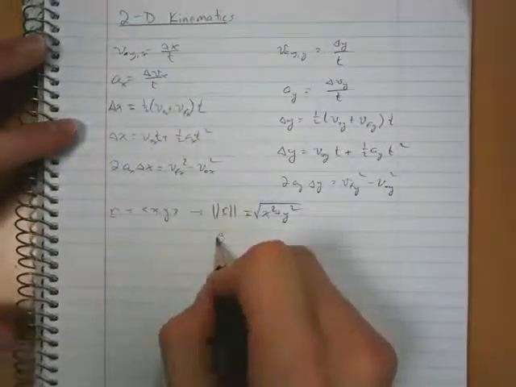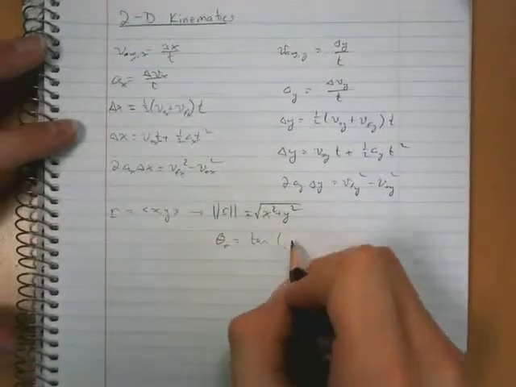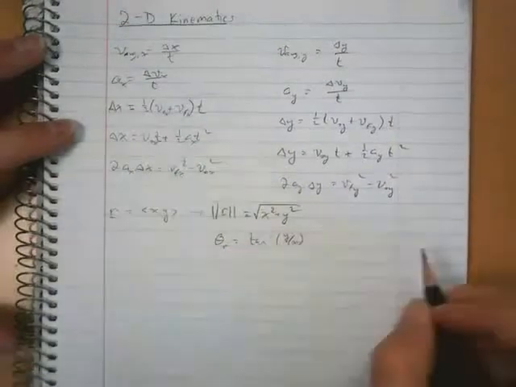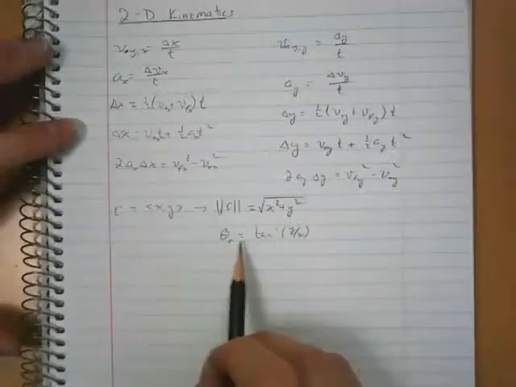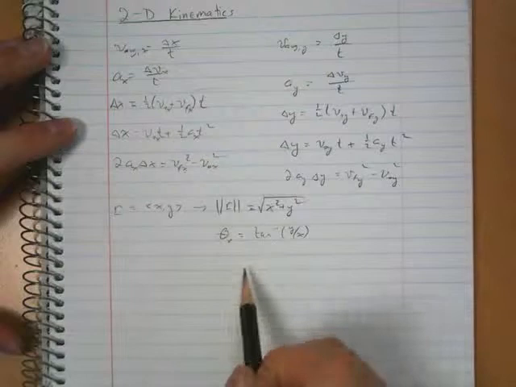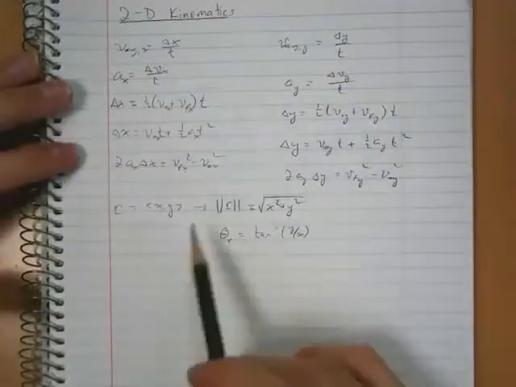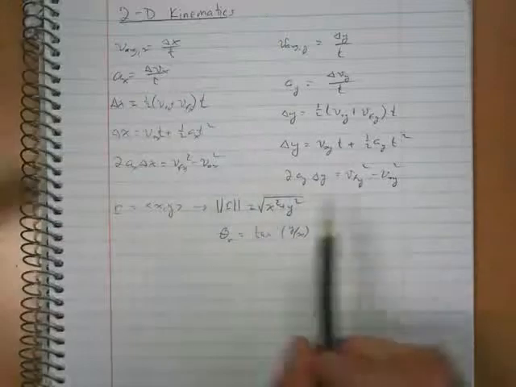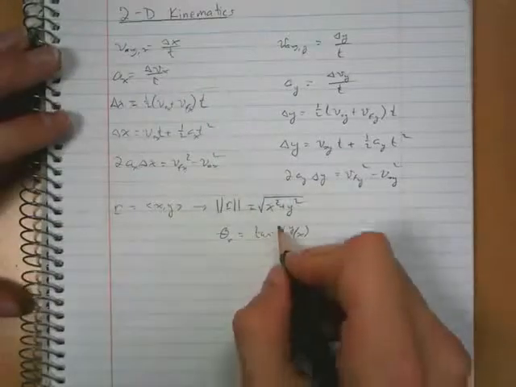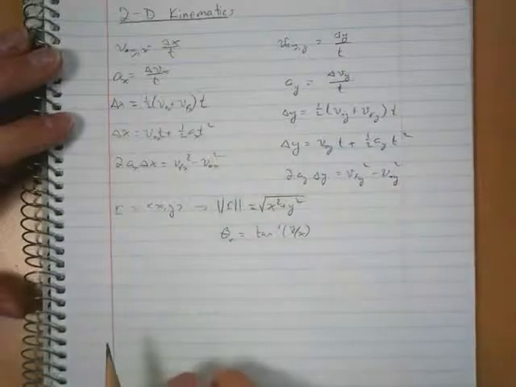To find the direction, the angle, we take the inverse tangent of the y component over the x component, and as part of that, we have to give some kind of direction. So we have to say above the horizontal, below the horizontal, east by north, west by south, depending on what the problem is, but we give the angle and some kind of description of where the angle is located.